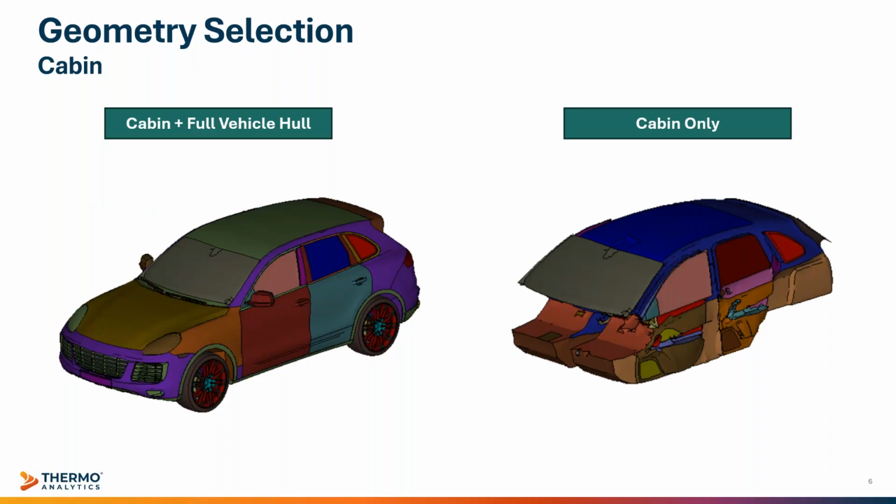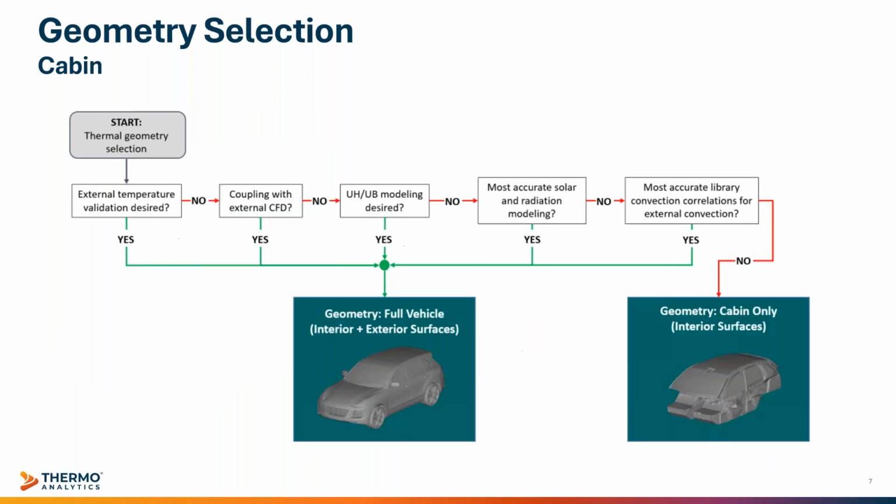The level of detail desired and the purpose of the simulation is going to help you to decide what's best. Here's a handy flowchart to determine if we can just use the cabin interior geometry or if we should include the full vehicle hull. If the purpose of the simulation is to get both internal and external temperatures, maybe for validation purposes, in that case, we should keep the external geometry.